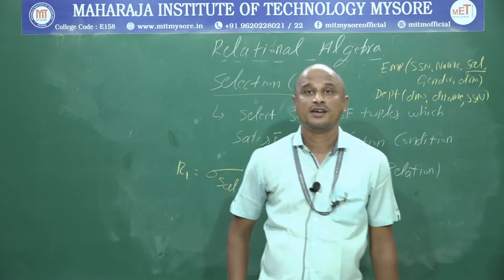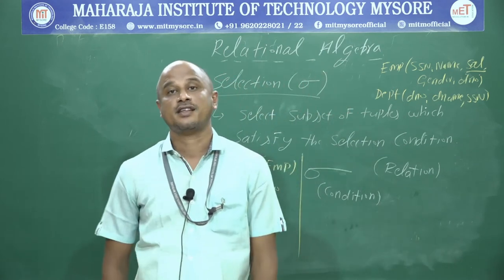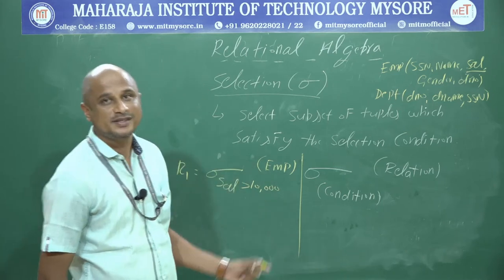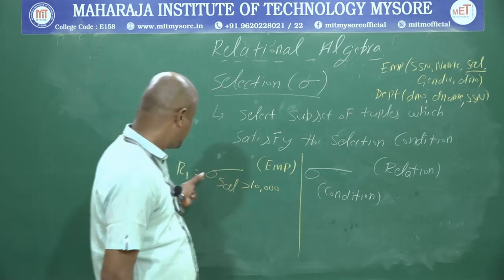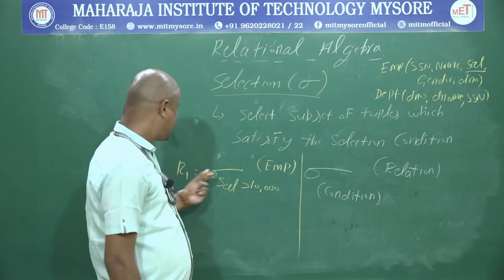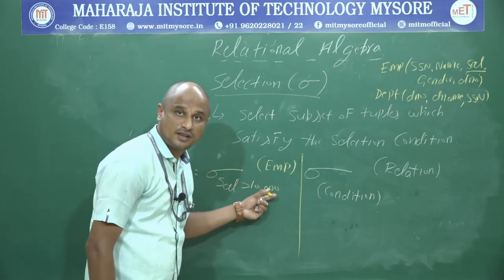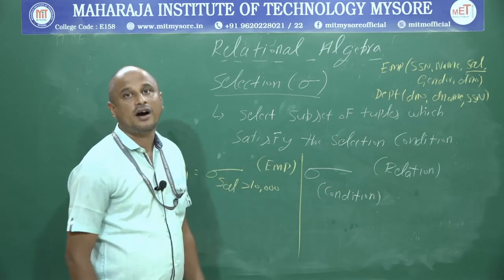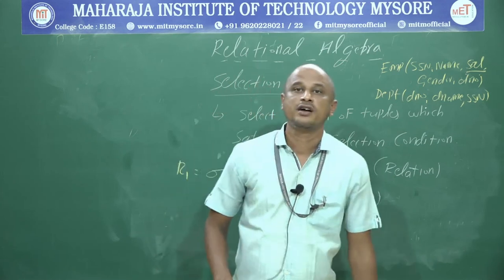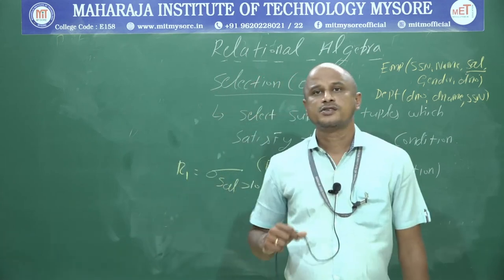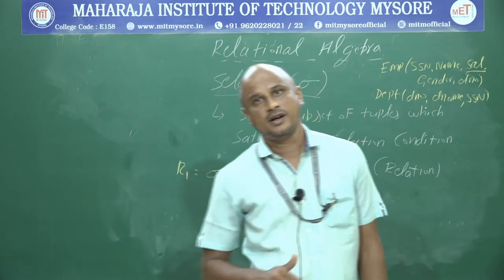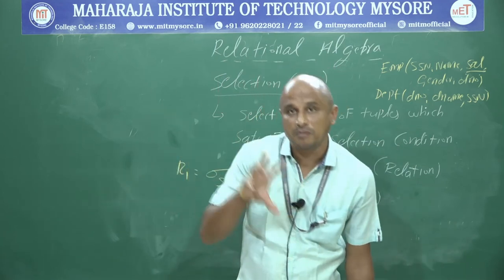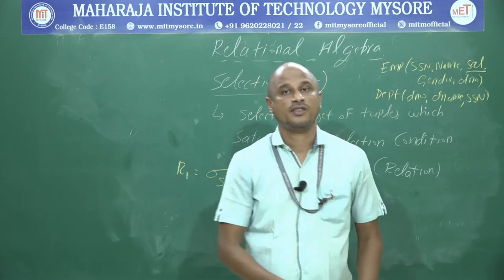Very simple, right? So relation R1 stores the result of the condition salary greater than 10,000 applied on the employee relation. This is one selection condition for retrieving the query: find the employee tuples whose salary is greater than 10,000.